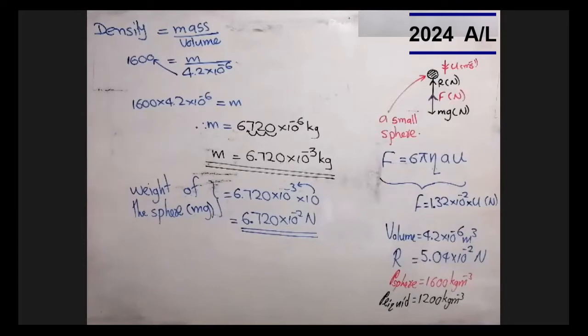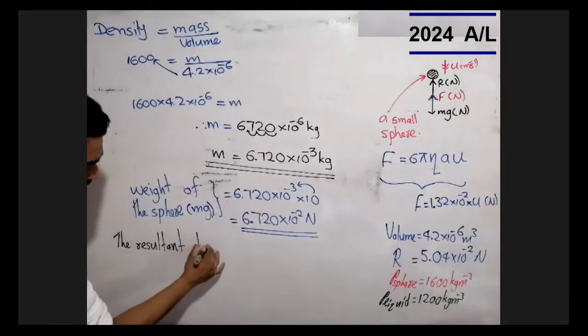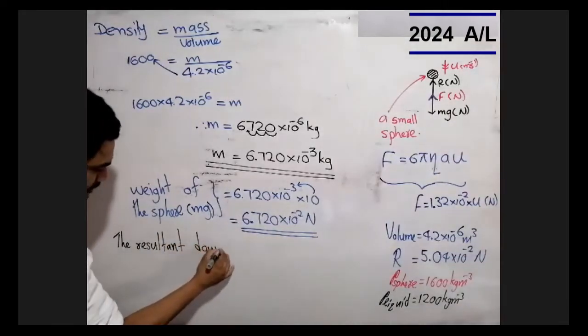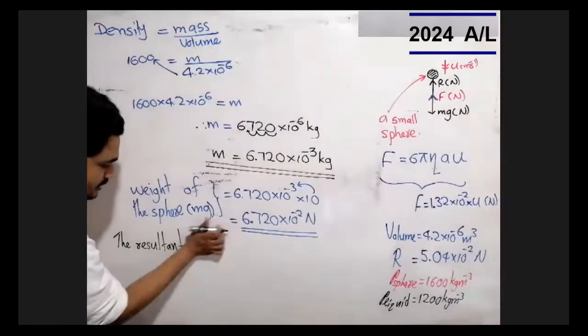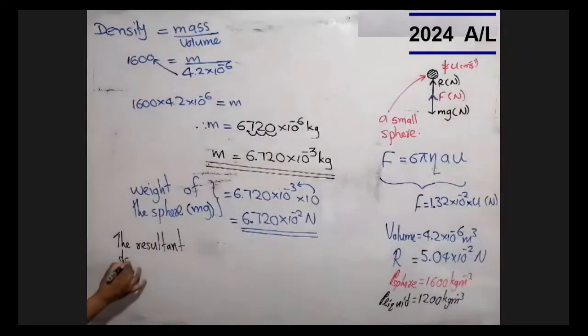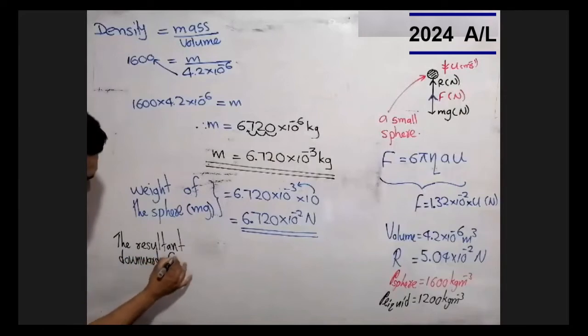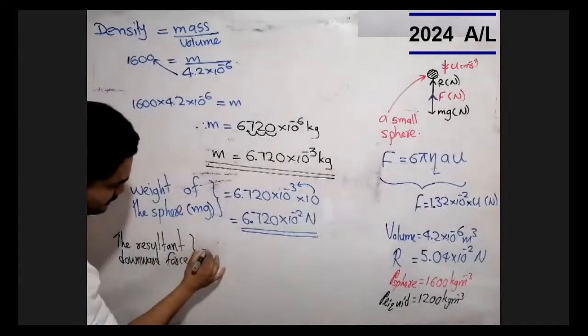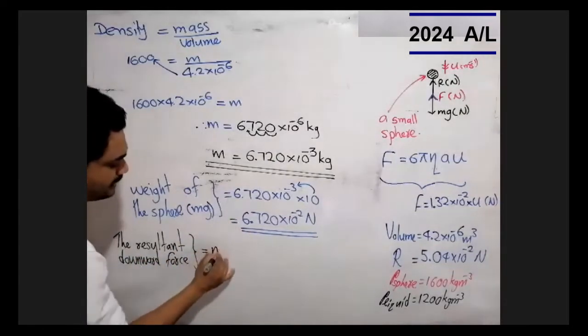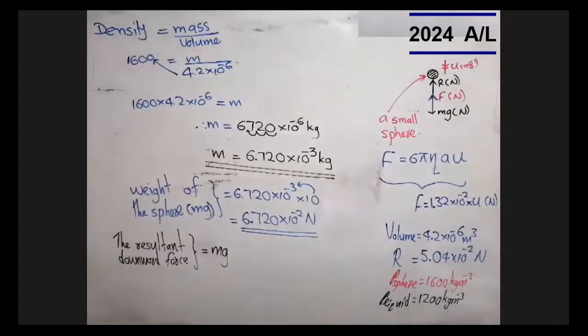The resultant downward force equals the downward force, which is mg. We should subtract the upward forces.